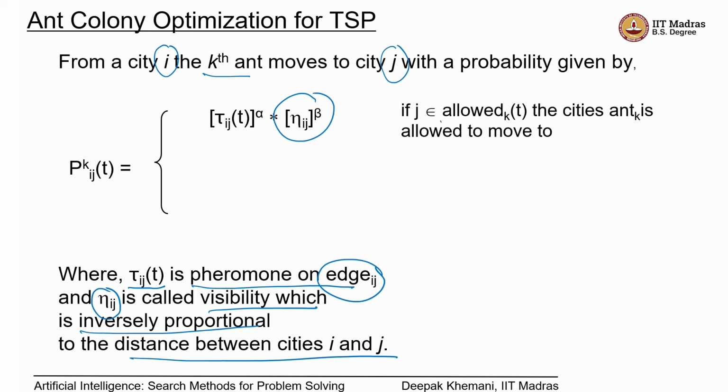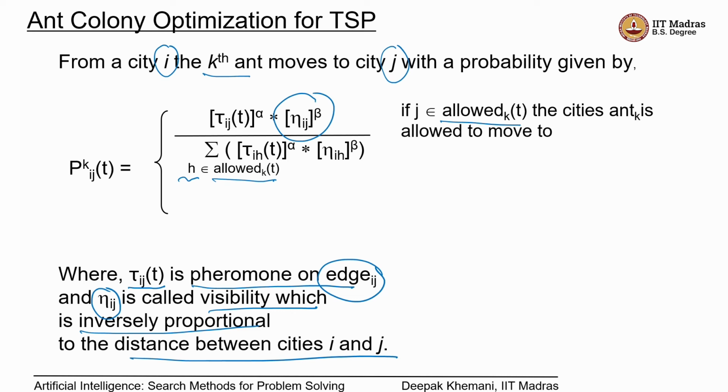We have used the term allowed cities because we don't want premature cycles to be formed essentially. So of all the edges that it can consider, it tries out all of them. So for all neighbors which are allowed, it computes this and then it picks the neighbor with the highest probability, and it moves to that.